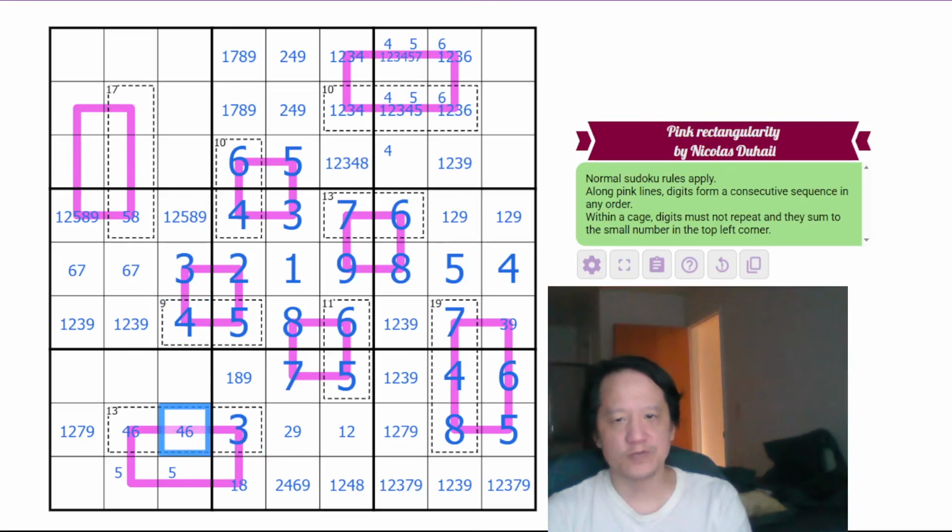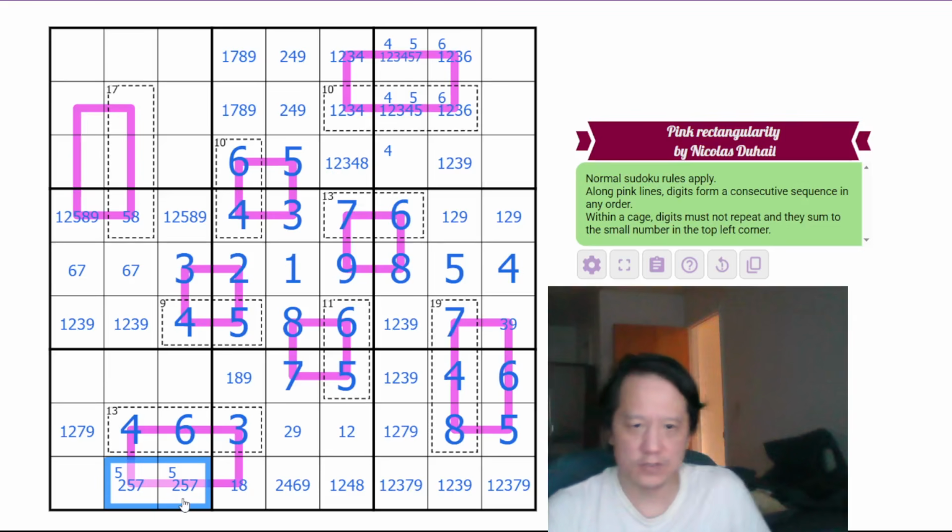So 4 eliminates 4 here, so that's 6, which makes that 4. 5 is guaranteed here. You could have 1 with 2 or 5, and 8 with 5 or 7. Interesting.